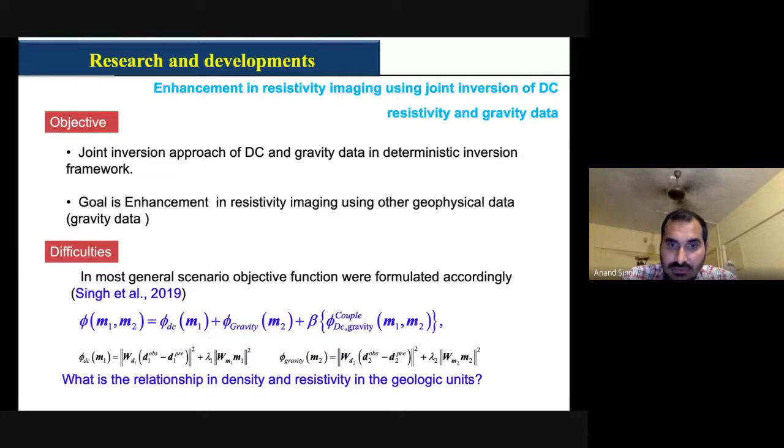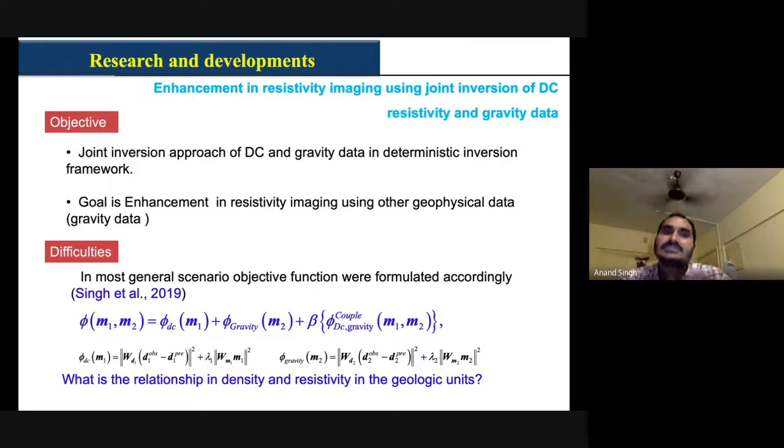Now, what kind of relation will be between these two? It is highly dependent on geologic scenario. A different geologic scenario will give you a different relation between density and resistivity. For example, if you choose one study area, it will provide one relation, and if you choose another area, it will provide another relation.